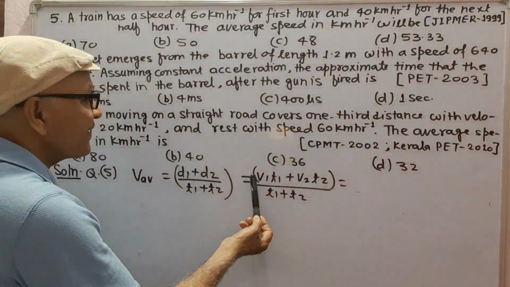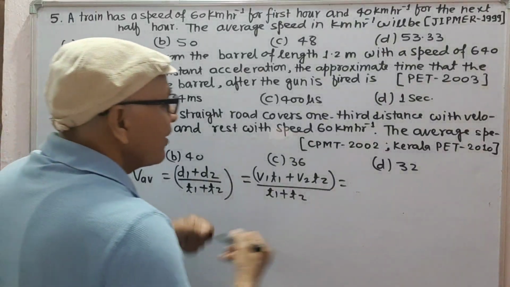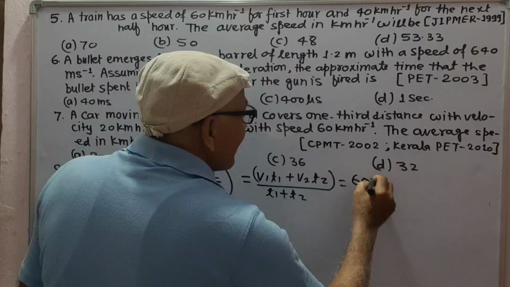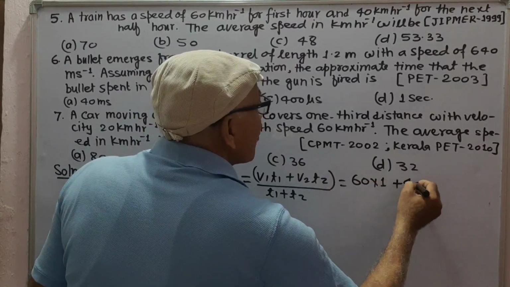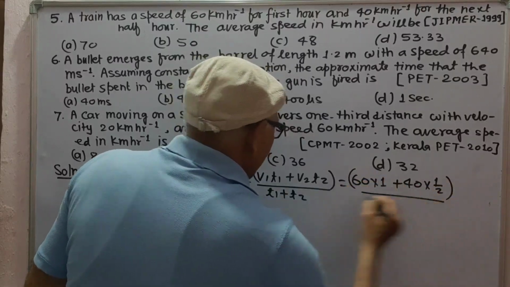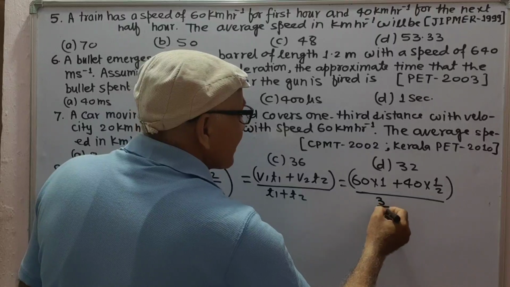So this is equal to v1 t1 plus v2 t2 upon t1 plus t2. Putting the values we get v1 is 60, t1 is 1, v2 is 40, t2 is 1 by 2, and t1 plus t2 means 1 plus 1 by 2, which means 3 by 2.